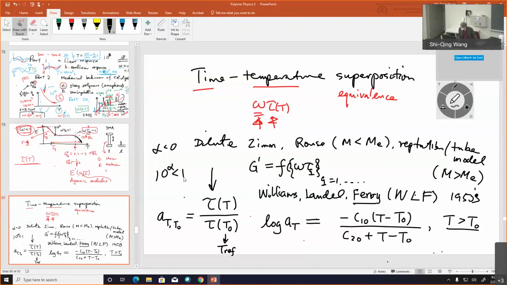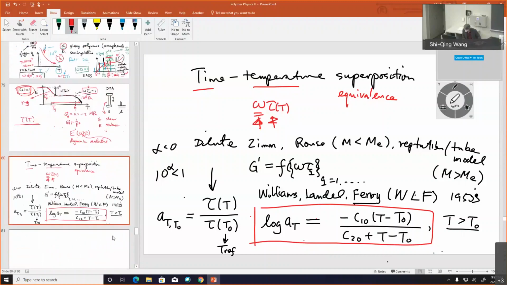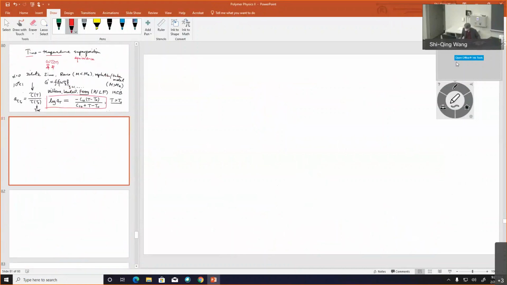So this WLF is the celebrated expression here. And it doesn't end here, in the sense there is a better way to look at it.